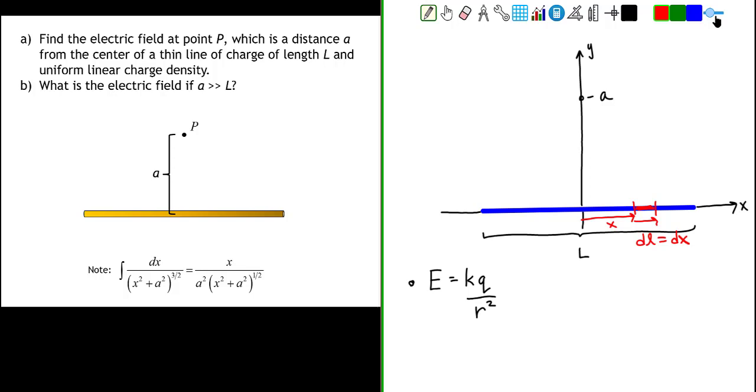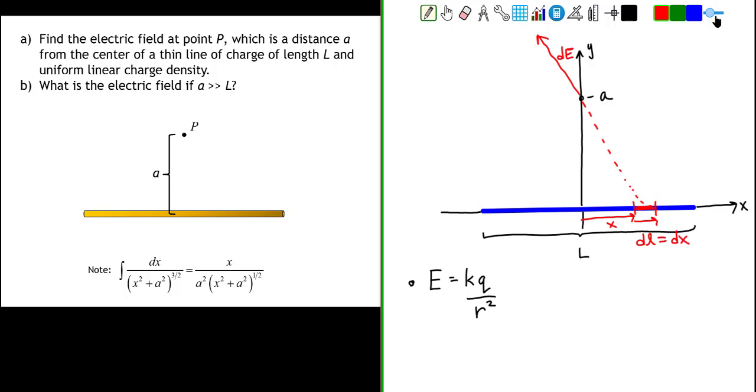Since we're modeling this as a point charge, we actually know how to calculate the electric field of this tiny bit of charge. The electric field due to this tiny bit of charge is dE. And let's assume this tiny bit of charge is a positive charge. So this is why I drew the electric field vector pointing radially away from our representative charge element.